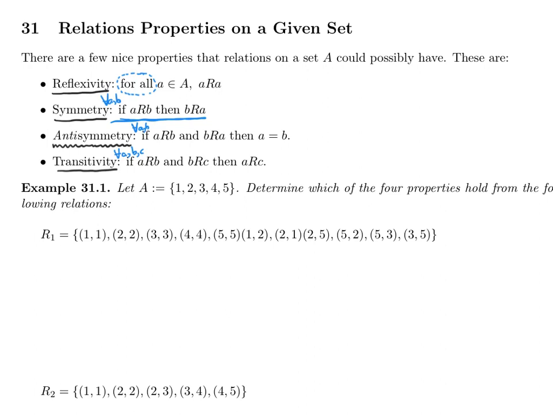So in order for us to call a relation reflexive, it needs to hold for all elements of our set that each element is related to itself, for example. Let me show you what's going on. We're going to do a really simple example here.